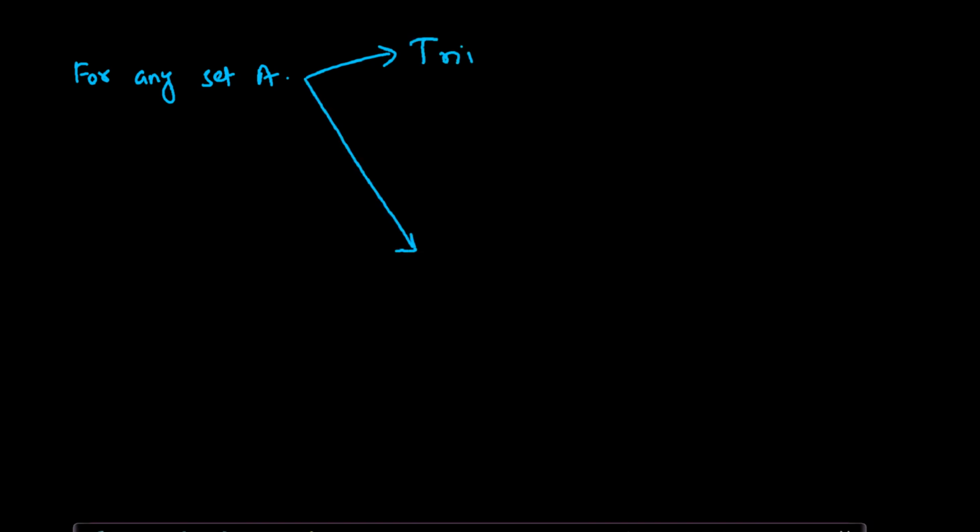One is the trivial subset, which is phi and the set A itself, and the other is called the proper subset.